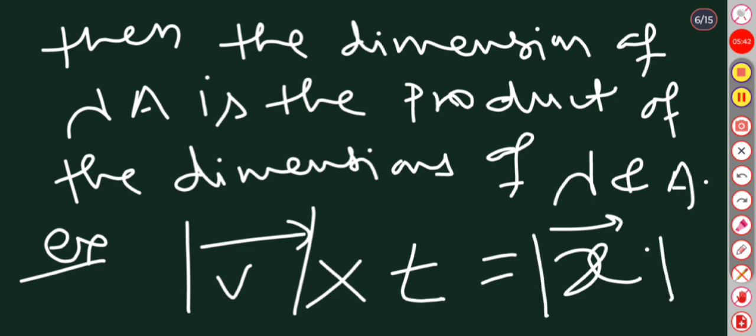That means a velocity vector when multiplied by time gives the displacement vector. Here velocity has its own dimension, time has its own dimension, and when we multiply them together we get displacement having its own dimension.